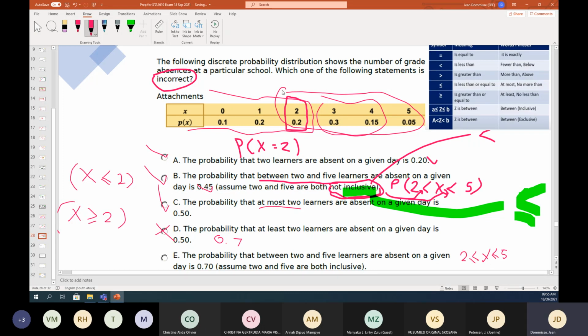So it is basically, interesting, those two are asking the same thing, just in different question sets. So the probability that at least 2, and assume 2 and 4 inclusive, that is actually asking the same question. So both is 0.7. So this is great.